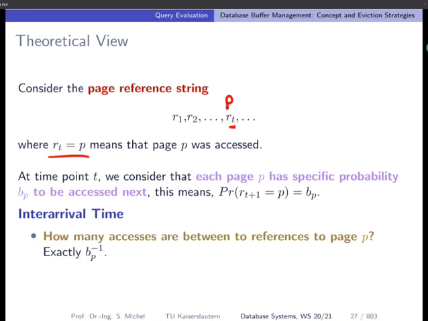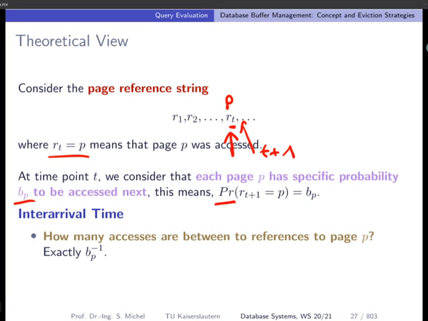So let us assume that every page P has a certain probability to get accessed as the next page. And this probability is called BP. That means if you're standing at time point T, looking at time point T plus 1, we know for each page what is the probability that this page is accessed at time point T plus 1.